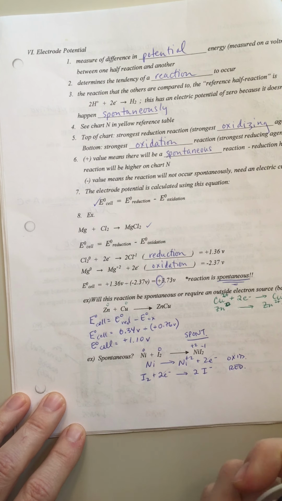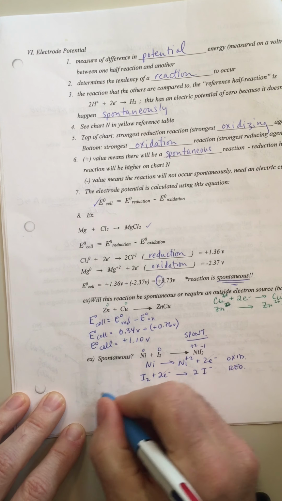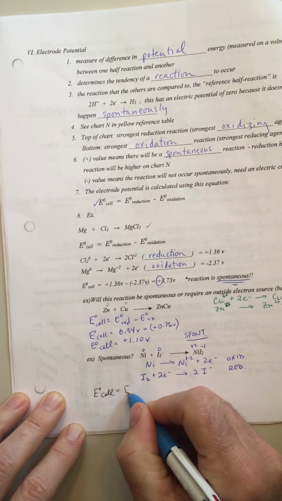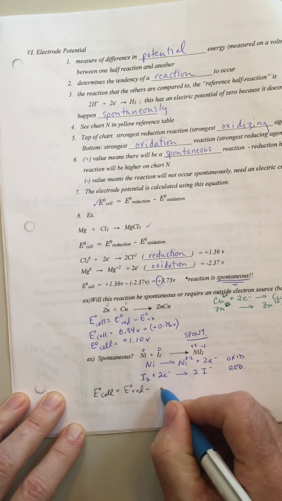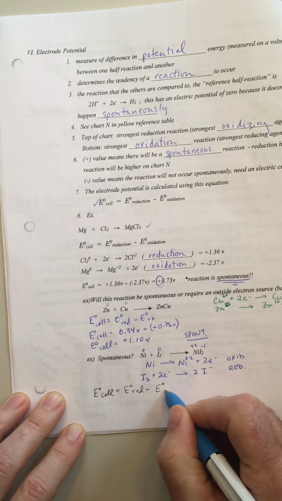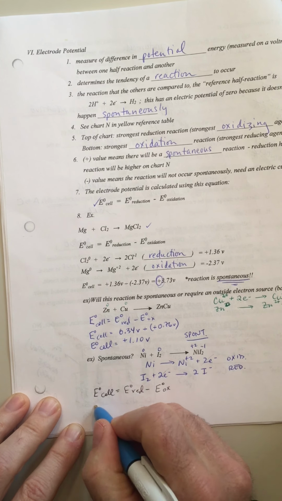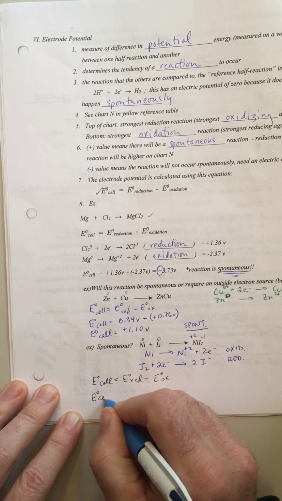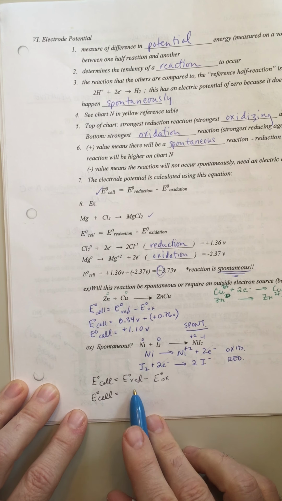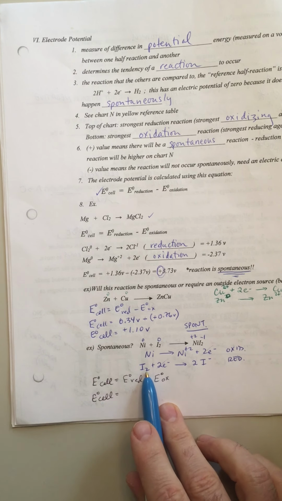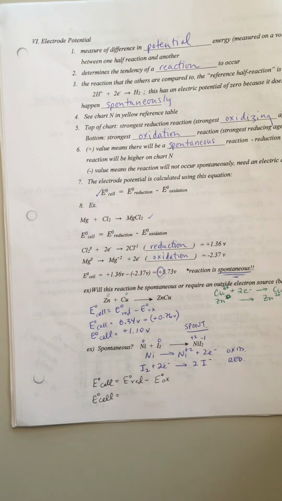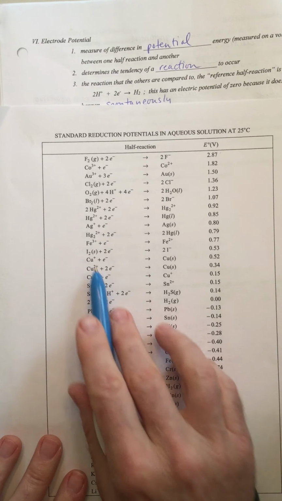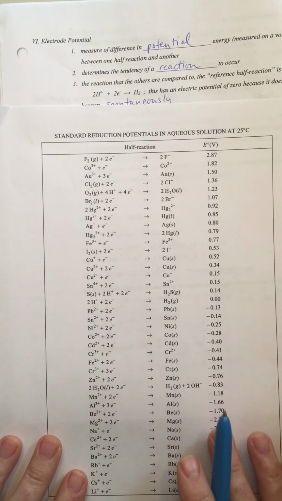So let's punch it in. E of the cell equals reduction minus oxidation. E of the cell equals reduction, which is I2. I'm going to look that one up on my chart. And it is here, 0.53.